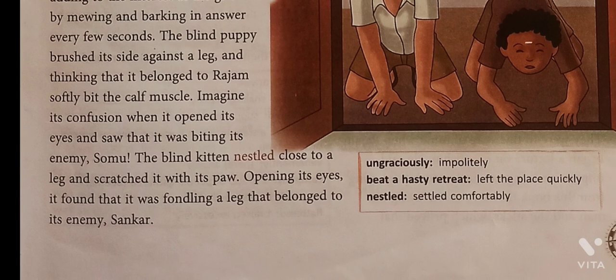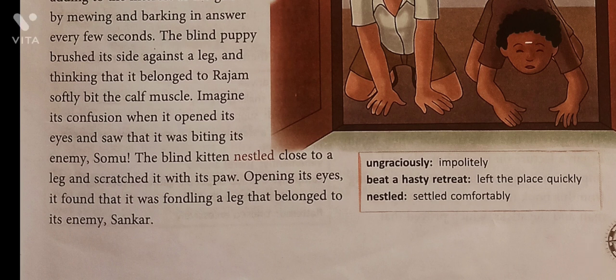Opening its eyes, it found that it was fondly scratching a leg that belonged to its enemy Shankar. When he opened his eyes, he saw that it was not Rajam, but his enemy Shankar.